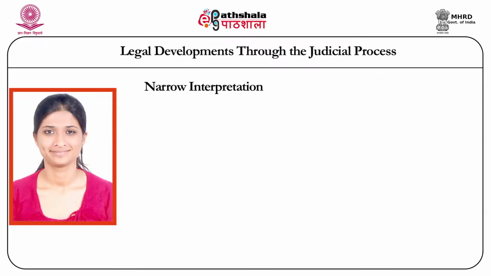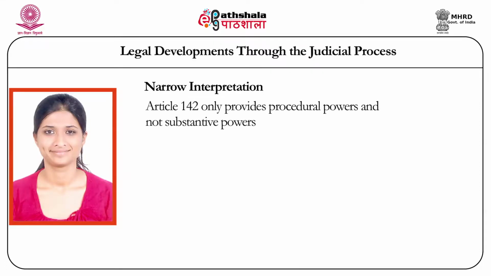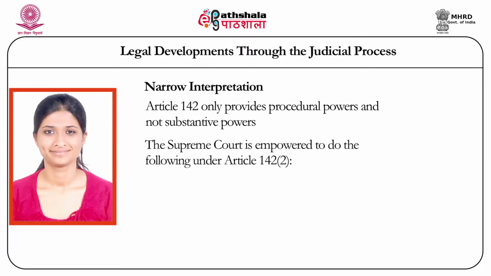A restrictive approach of Article 142 stems from the argument that it only provides procedural powers and not substantive powers. This interpretation rests on reading and understanding Article 142, subclause 2, which states that the Supreme Court is empowered to do the following.